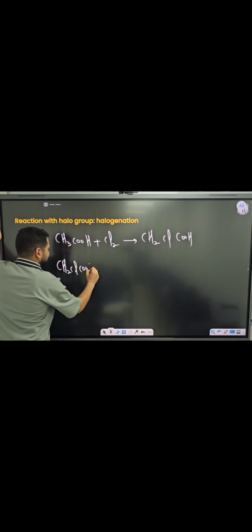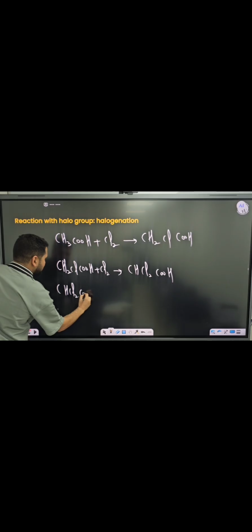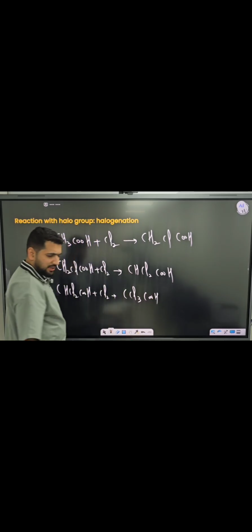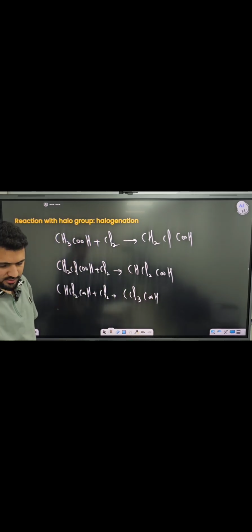Now take the CH2Cl COOH and again treat it with chlorine. It will lead to the formation of CHCl2 COOH. Again, if you take this CHCl2 COOH, you will treat it with Cl2. It will lead to the formation of CCl3 COOH. I guess I am right?